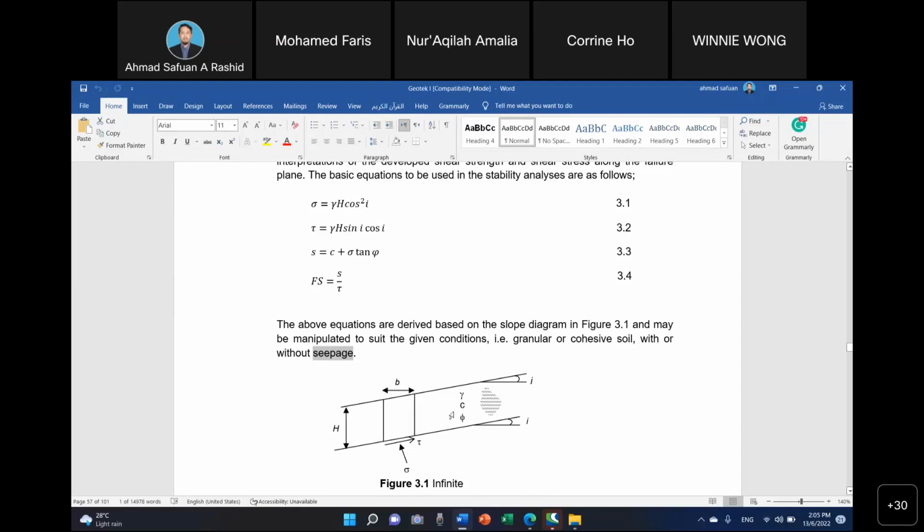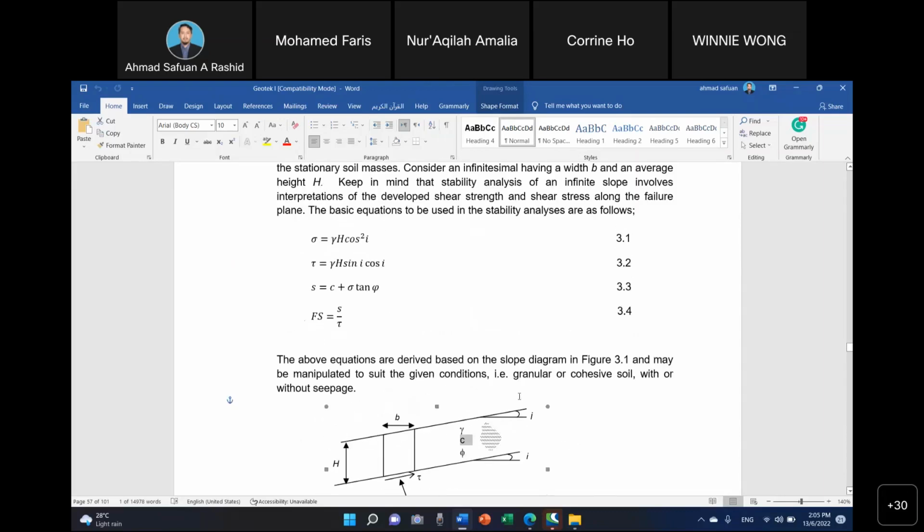From the normal stress, we can calculate the shear strength. In order to get the value for the shear strength, we need to use the parameters C, phi, and gamma. I is the inclination or the gradient of the slope.